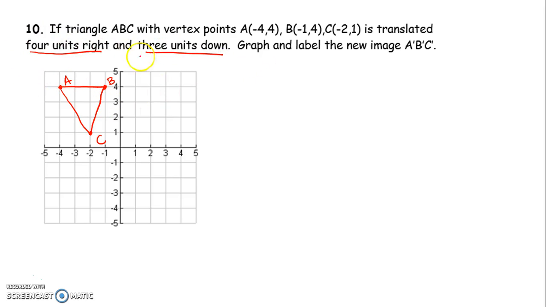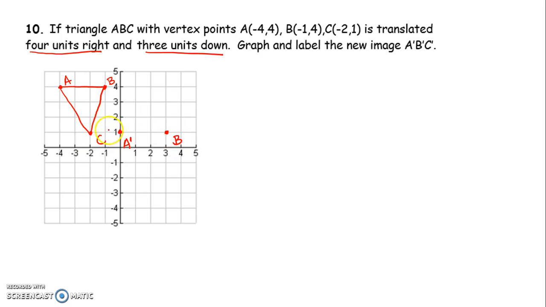Okay, 4 units to the right, 3 units down. So I start at A. I move 1, 2, 3, 4 units to the right, and 1, 2, 3 units down. That must be A prime. Go to B. 1, 2, 3, 4 units to the right, 1, 2, 3 units down. That must be B prime.